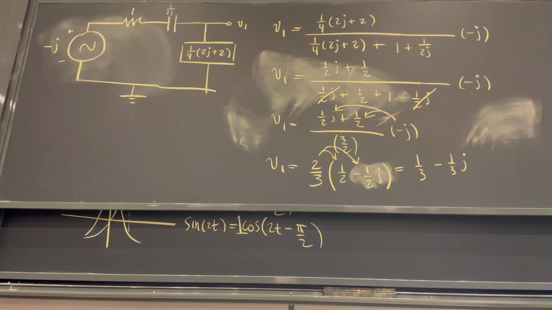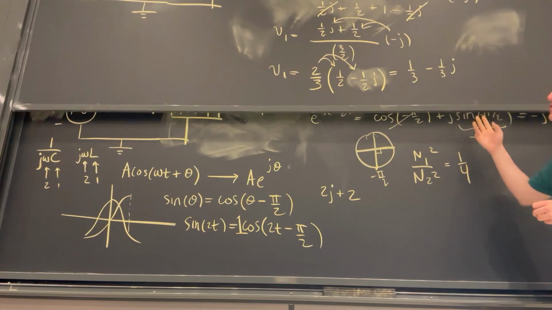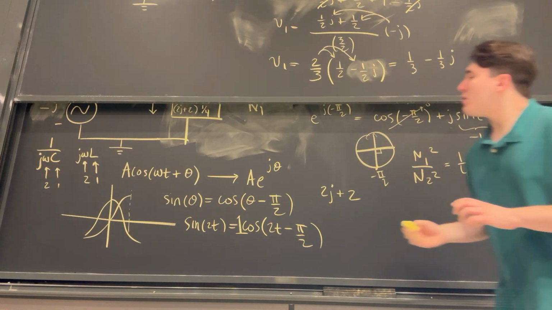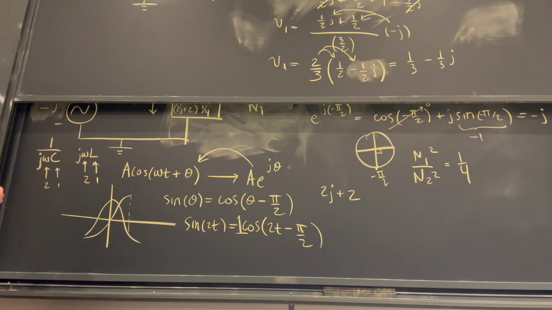And now I'd like to convert that from the phasor domain, where this is a complex number, back into the time domain. So remembering the way I do this, we've done this in previous videos, we now want to go from this all the way back to this domain.